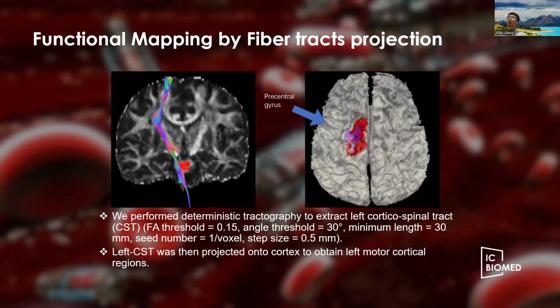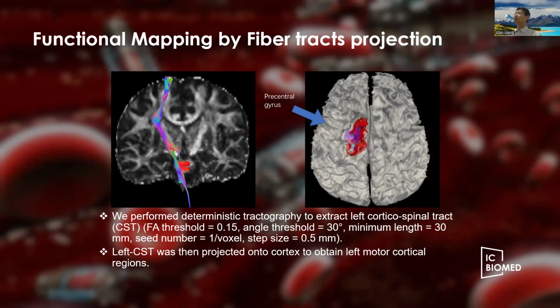All the advanced analysis methods can be utilized in analyzing diffusion tensor imaging, and by performing proper fiber tracking, we can extract specific fiber bundles, for example, the corticospinal tract. By analyzing the fiber tracks, we can extend them and project the extended fiber tract to the cortex.